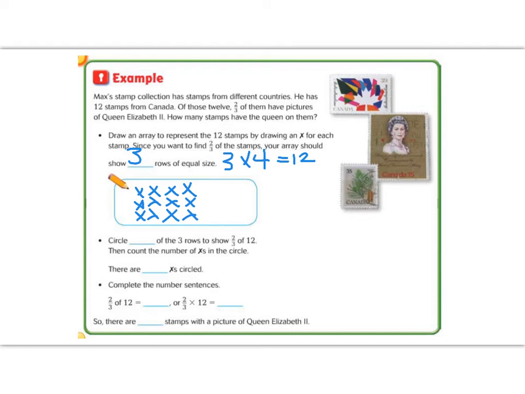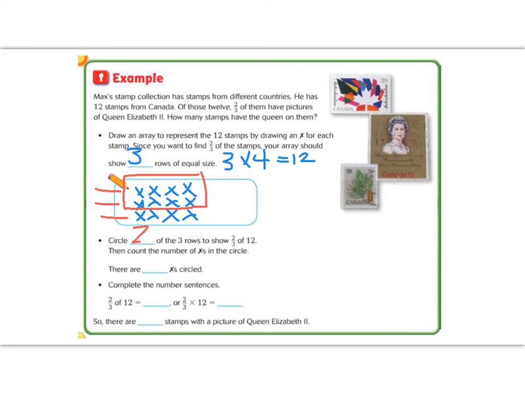And now we're going to circle it because we don't want all of them, we want 2/3. So if the thirds are in our rows, then we're going to circle 2 rows because this is 2 of the 3 groups, being 1, 2, 3. So we've circled 2 of them. So if we circle 2 of the 3 rows, then we will show 2/3 of 12.